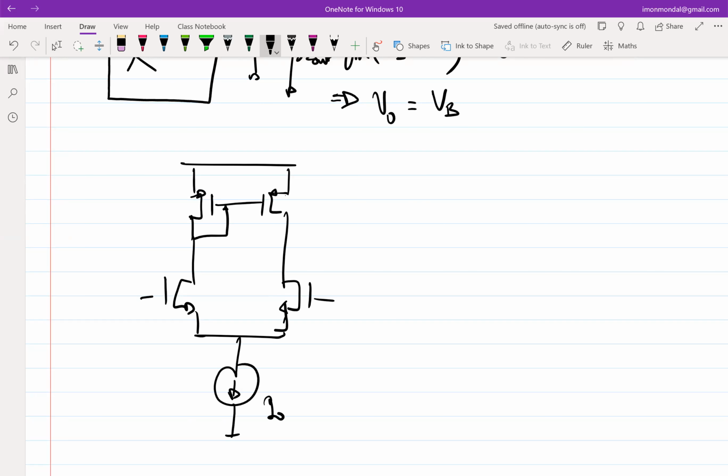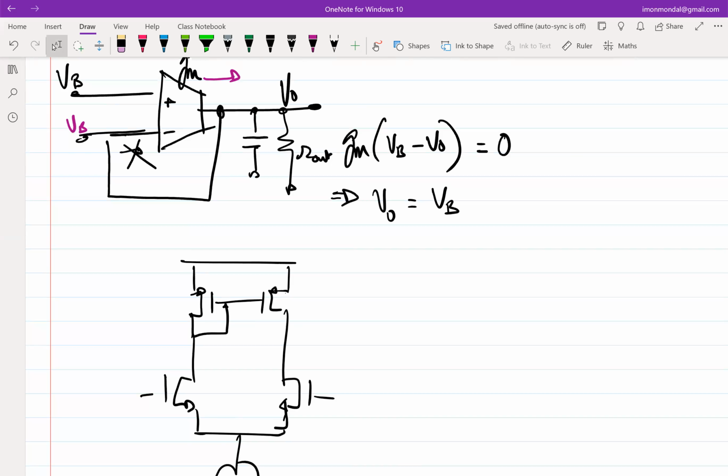So now I have two terminals, VA and VB, and this is V0. I want the equivalent of whatever you see on the top in the transistor level circuit. So where should I connect V0 to? Either VA or VB. Where should I connect it to ensure that this is a negative feedback?